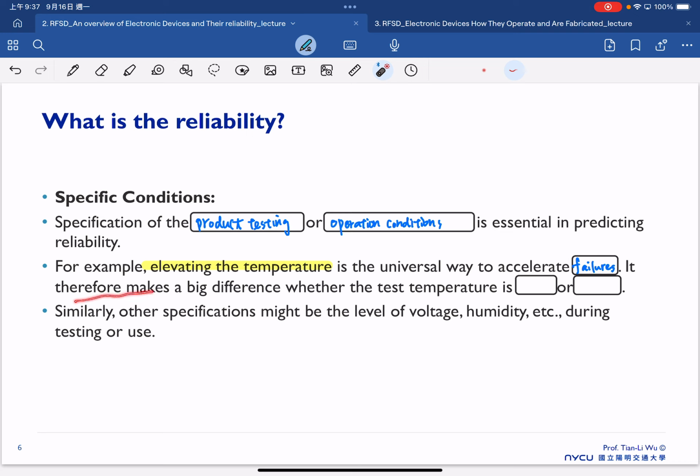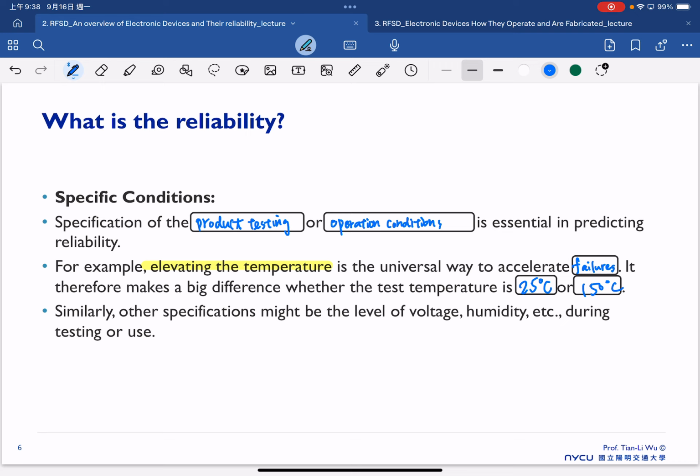Therefore, it makes a big difference whether the test temperature is, for example, 25 Celsius degrees or 155 Celsius degrees. So that actually gives us a huge difference. So we need to be very careful about this when we do our reliability testing.